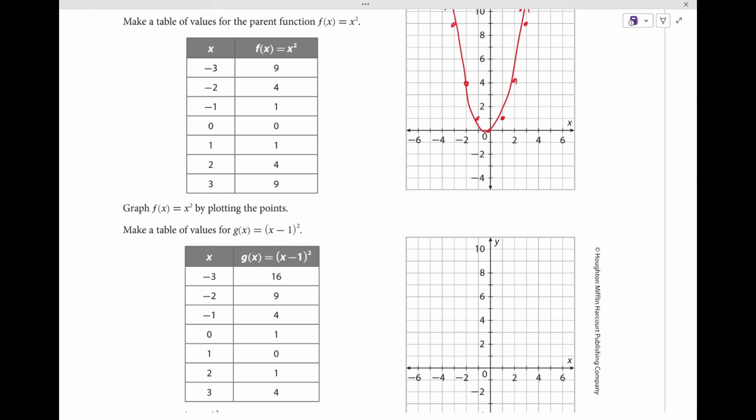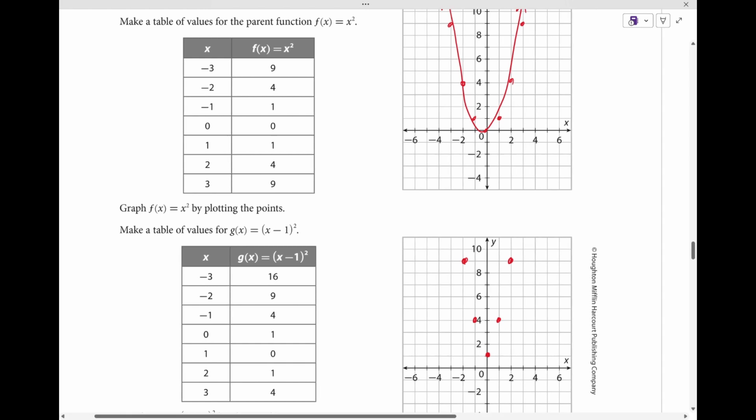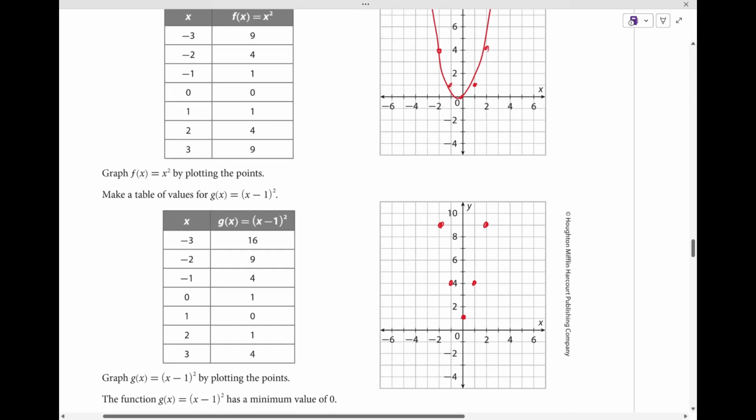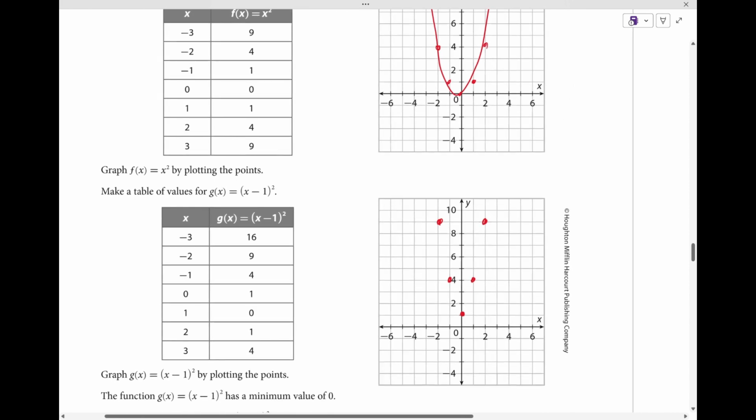Negative 2, 9. They did all that. Here we go. Negative 1, 4. And 1, 4. 0, 1. 1, 0, and I'm doing this wrong.